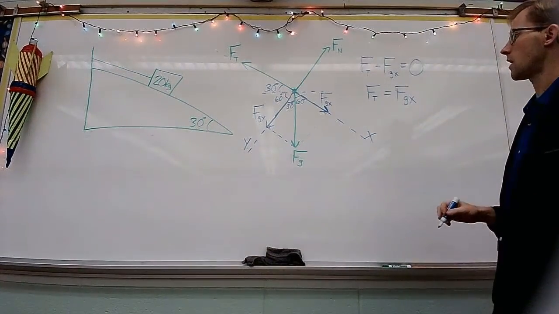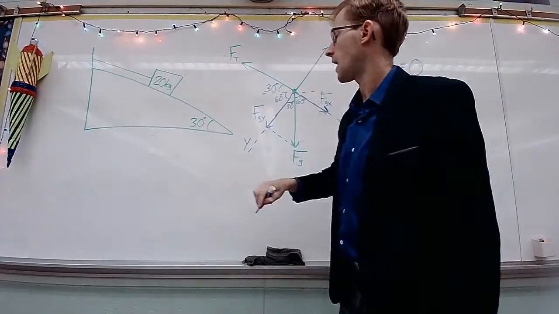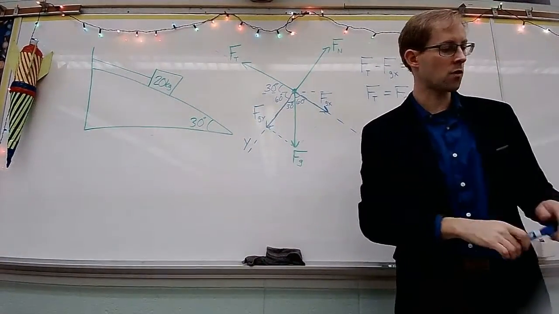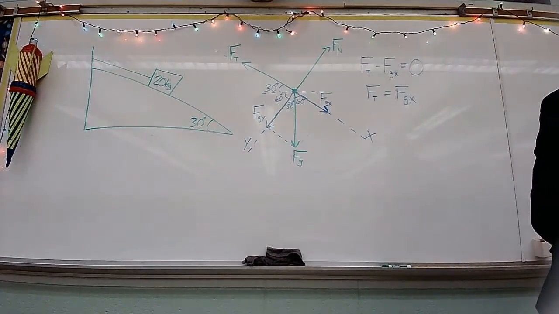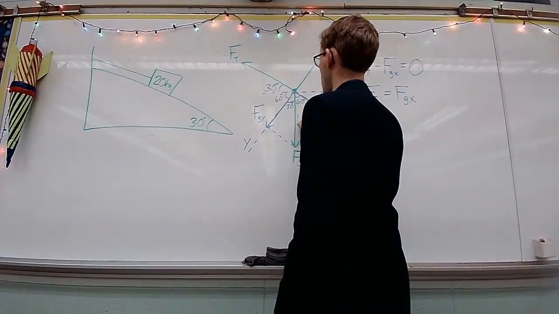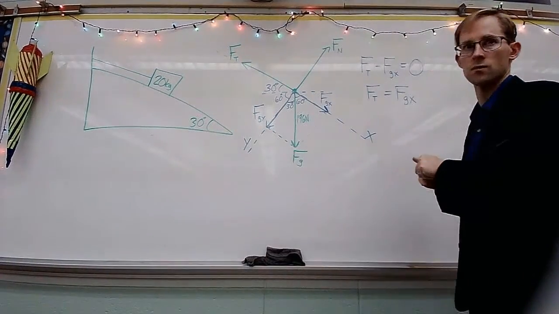I can do that because this problem gives me the mass. Remember that force of gravity is just mass times 9.8. So 20 times 9.8 is equal to 196. That means the hypotenuse of this triangle is 196 newtons.